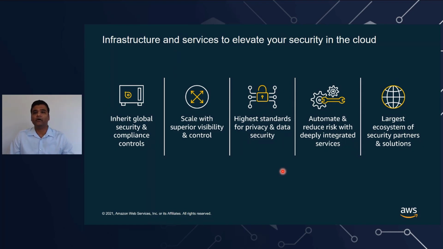All data flowing across the AWS global network that interconnects our data centers and regions is automatically encrypted at the physical layer before it leaves our secure facilities. And with that said, let me move to the next slide.